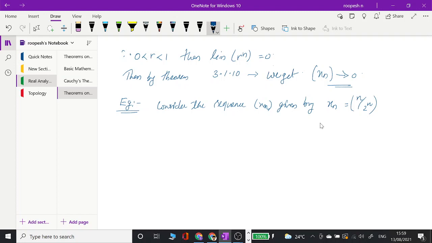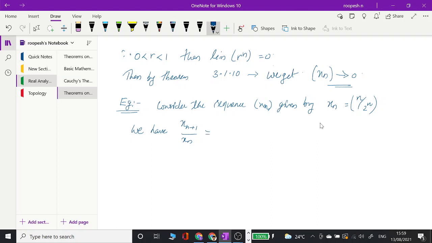Now we want to calculate the ratio, right? xn plus 1 by xn. If this has a limiting value which is less than 1, then only we can apply this, right?